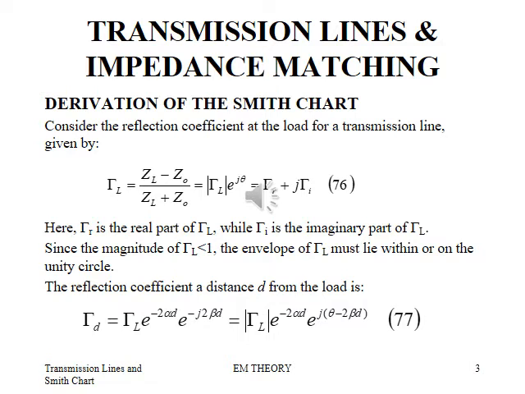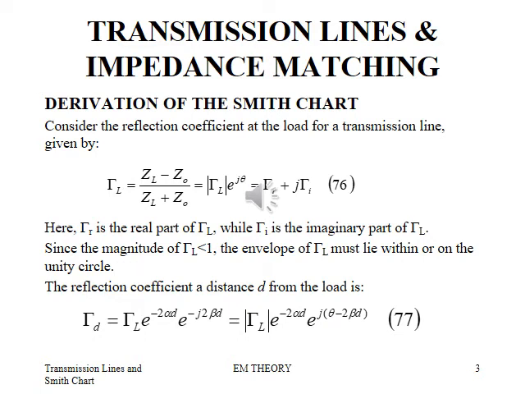Now, the reflection coefficient at a distance d from the load is given by equation 77, where Γ_d is of course generally Γ_L e^(-2γd), where γ is α + jβ, and therefore you have the magnitude of Γ_L e^(-2αd) e^(j(θ - 2βd)).